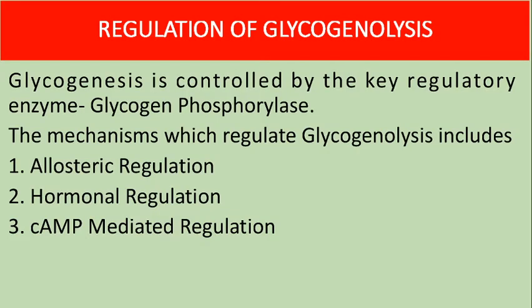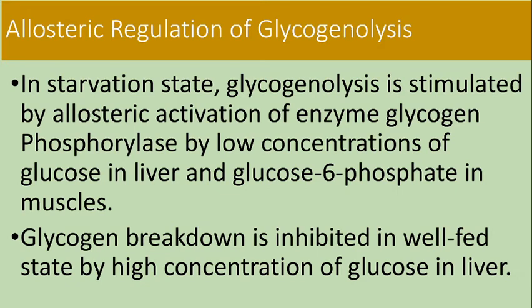Now, regulation of glycogenolysis. Glycogenolysis is controlled by the key regulatory enzyme called glycogen phosphorylase. Again, the three mechanisms which regulate glycogenolysis are allosteric regulation, hormonal regulation, and cAMP mediated regulation. Allosteric regulation of glycogenolysis: in the starvation state, glycogenolysis will be stimulated.